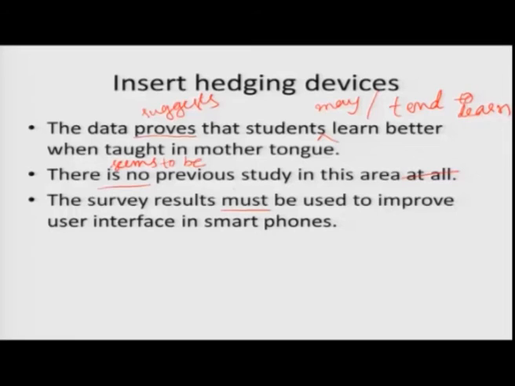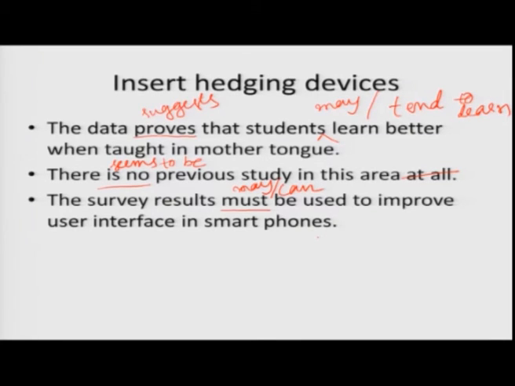So, we know there may be issues with this, and even if you say hypothetically it was foolproof, you cannot make it mandatory for others. So, there is a problem here. So, change the modal verb. You can say the survey results may be used or can be used to improve user interface in smartphones.